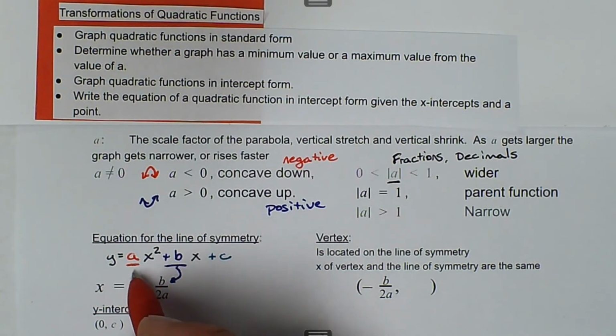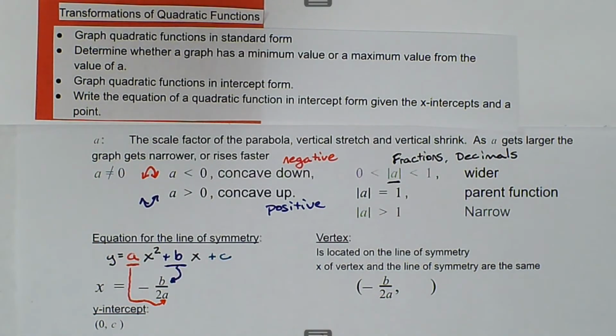And we take whatever the quadratic term, the coefficient in front of the x squared, and we put it in the denominator multiplied by 2. And this will be the equation of the line of symmetry. So this will be where the vertex lies, and also where it splits the parabola in half.